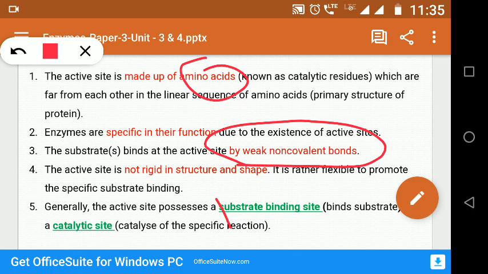The next point is that the active site is not rigid in structure and shape. This is a very important point. Not rigid means that the active site is flexible. The shape of the active site may change at the time of substrate interaction.